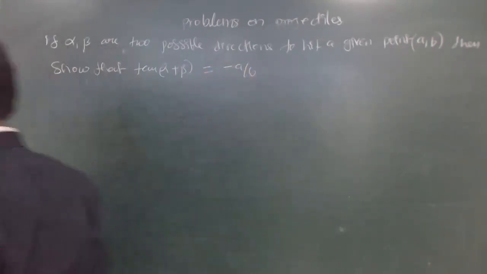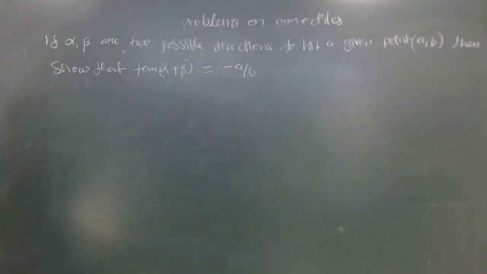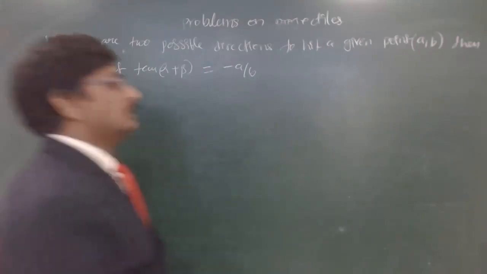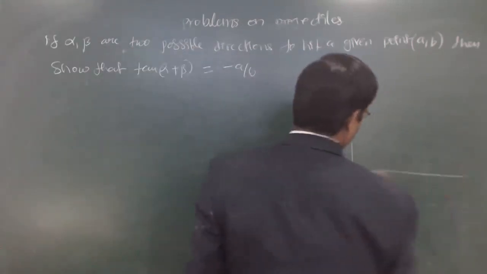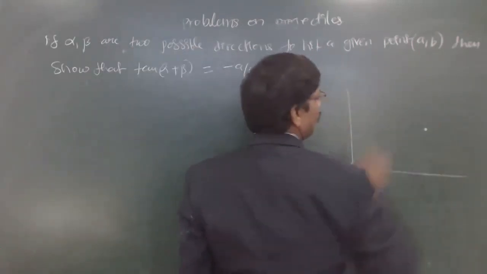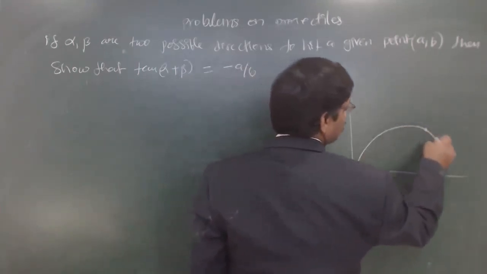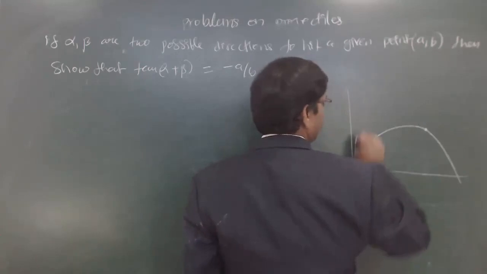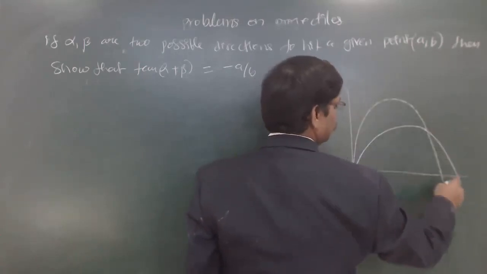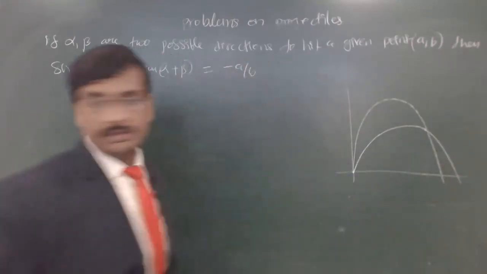So can you try to solve this? Here, if alpha beta are two possible directions, that means if I wanted to project this, I wanted to target a point here. Now this can be targeted like this, or this can be targeted like this, right? So both are possible.